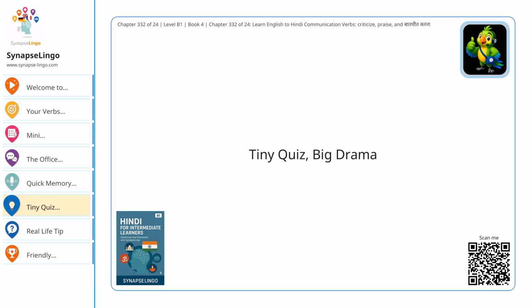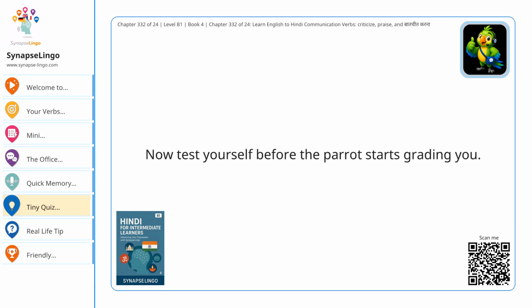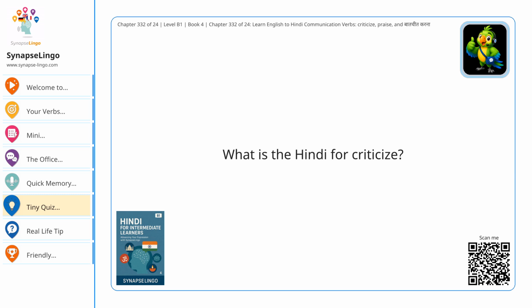Tiny quiz, big drama. You are doing great. Now test yourself before the parrot starts grading you. What is the Hindi for criticize? आलोचना करना. What is the Hindi for praise? प्रशंसा करना. What is the Hindi for complain? शिकायत करना.